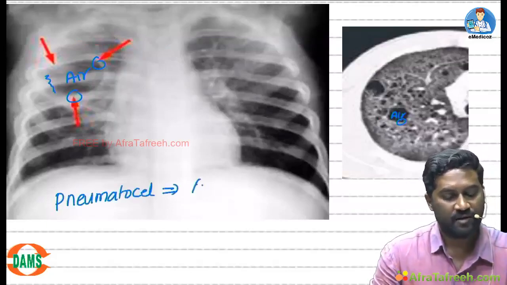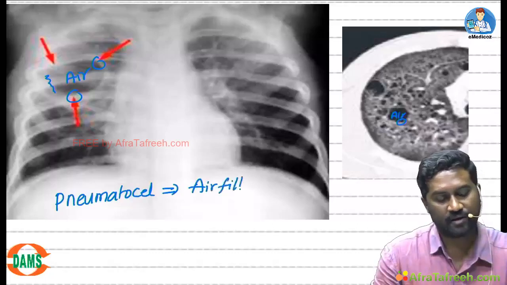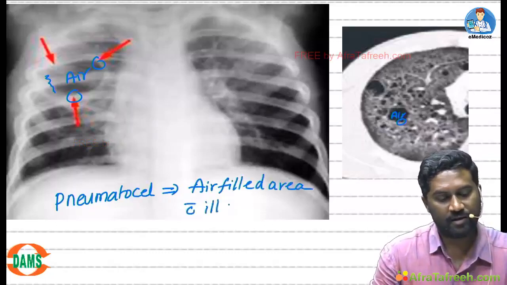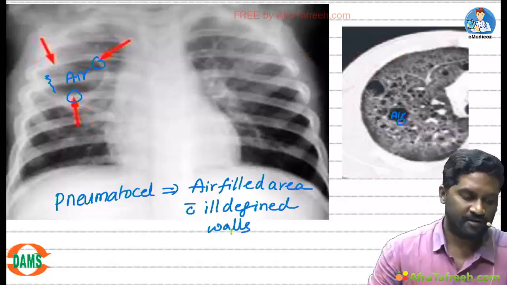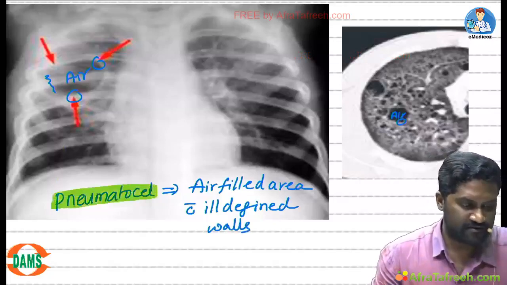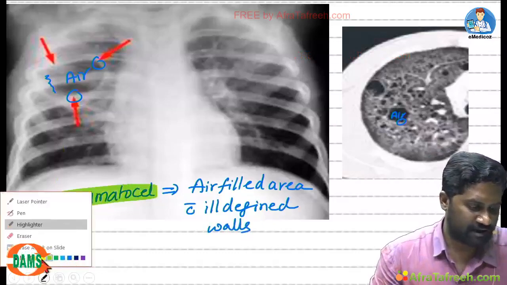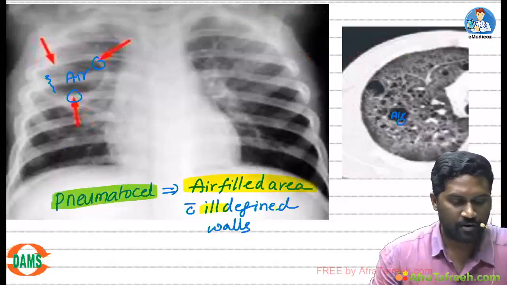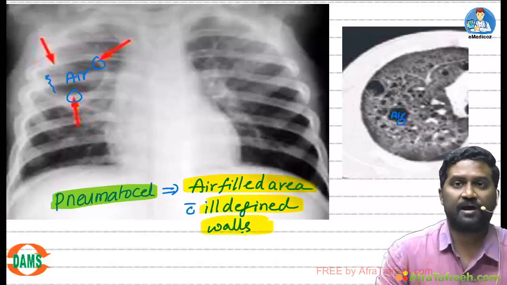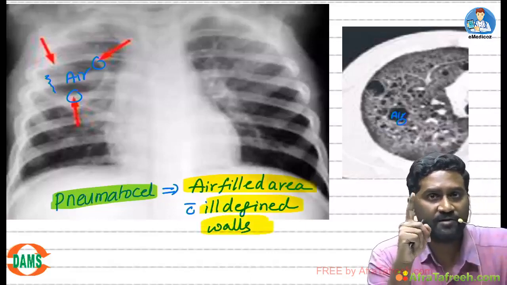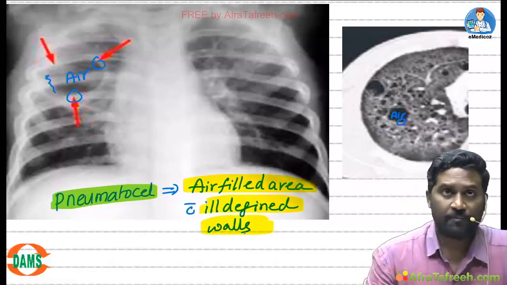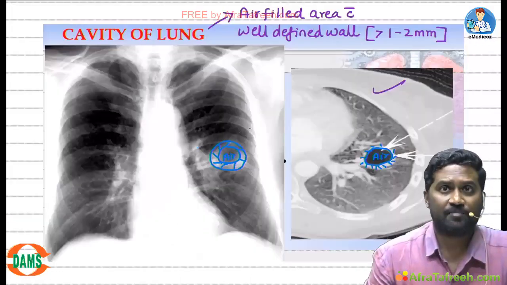Pneumatocele is an air-filled area with ill-defined walls. Where did we learn about pneumatocele? In which infection? It can happen in staph, Klebsiella, pneumocystis pneumonia. Now keep this air-filled area in your mind. Now compare with the air-filled area previously.